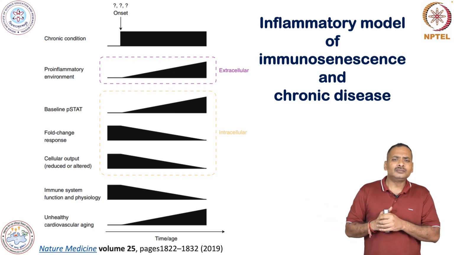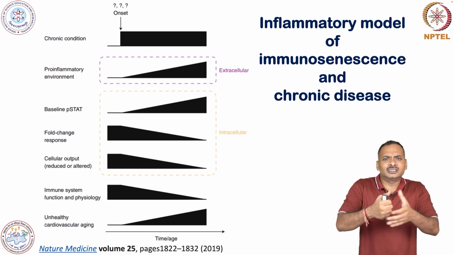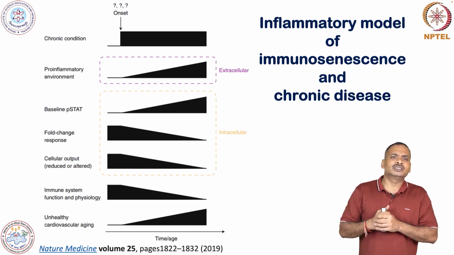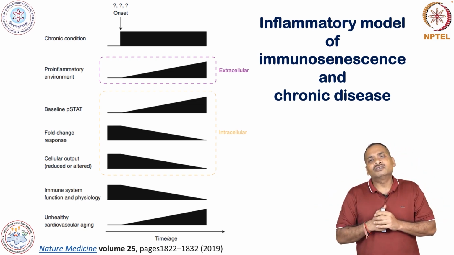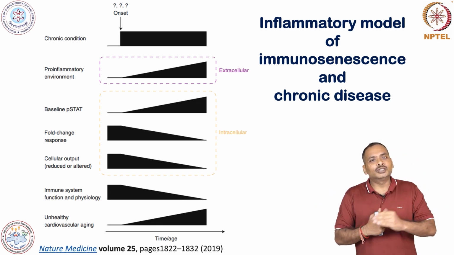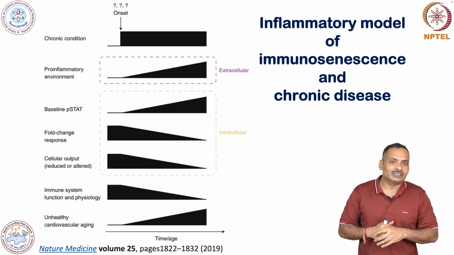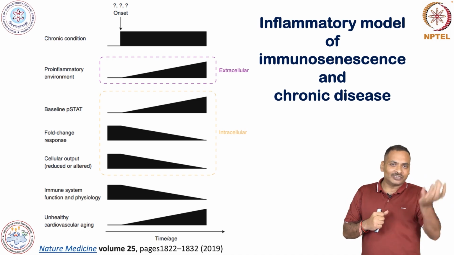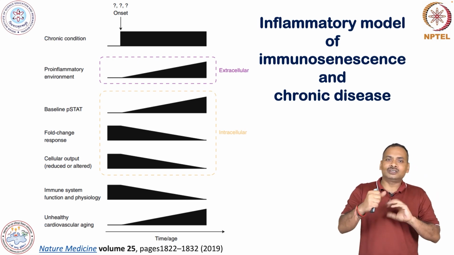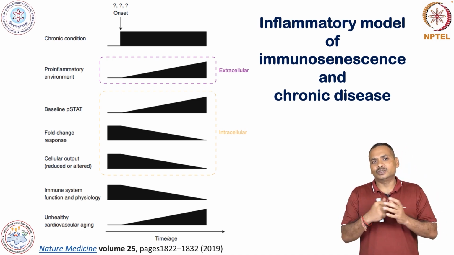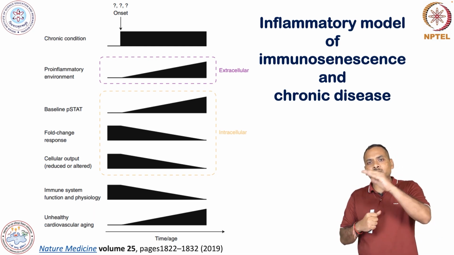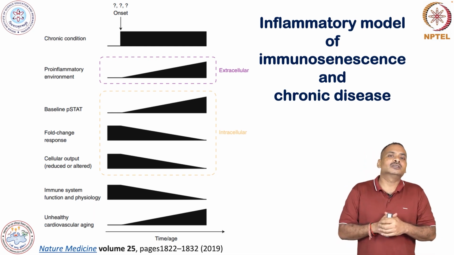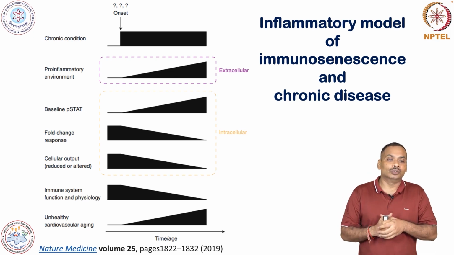This has been investigated, and people found that in those individuals there is a much higher level of some signaling molecule, depicted here as p-STAT. This p-STAT is one of the signaling molecules which gets phosphorylated, and ideally it is not present in phosphorylated form. But when there is inflammation, the amount of this phosphorylated STAT protein will be higher in the individual.